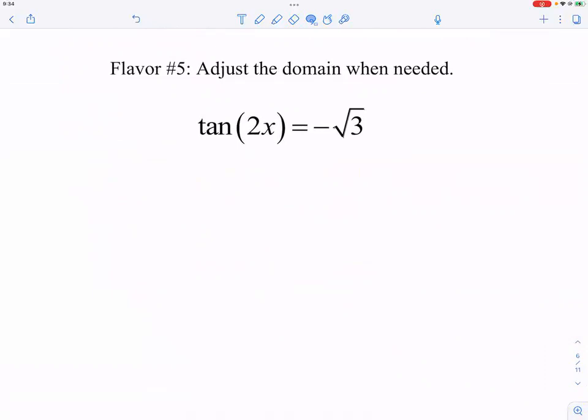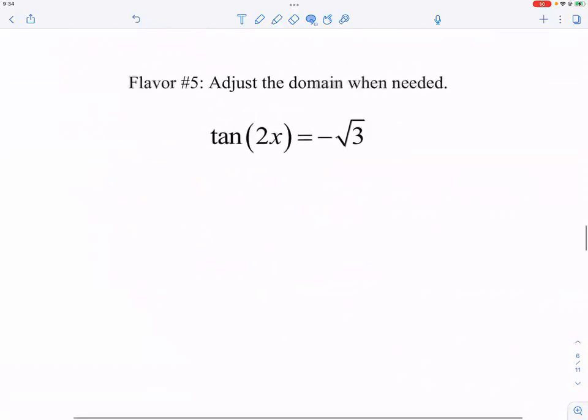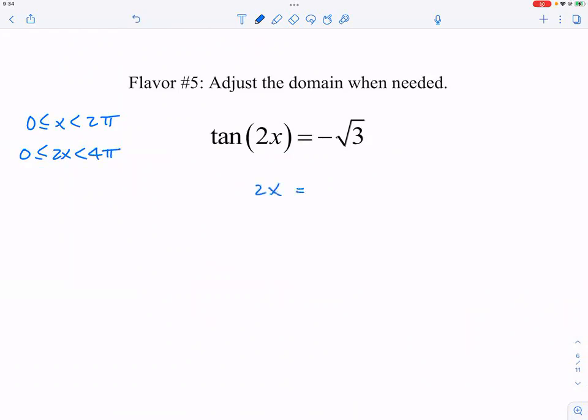We say we have to adjust the domain when needed. The original domain is 0 to 2 pi, but we now have 2x. So that means our domain will go all the way up to 4 pi for 2x. So we would say 2x is equal to, well, -3. That would be quadrants 2 and 4. That would be 2 pi over 3 and 5 pi over 3.